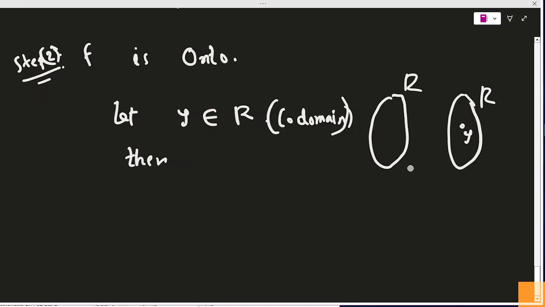We have to show that there exists x such that f of x is equal to y. Okay. फंक्शन क्या है?